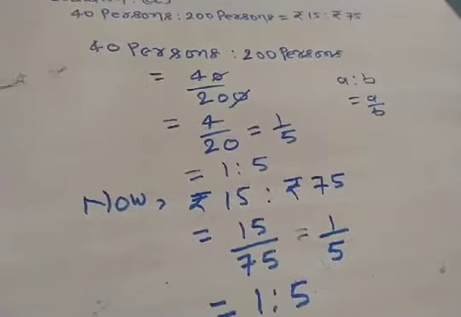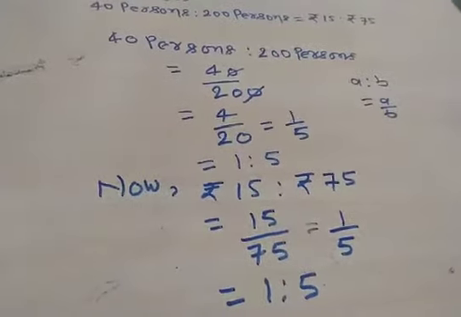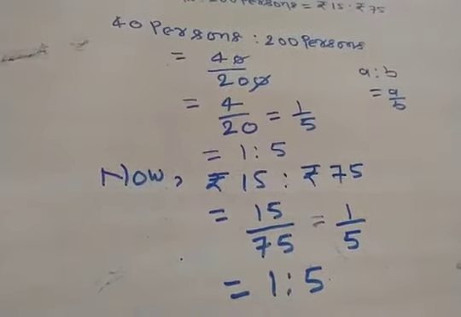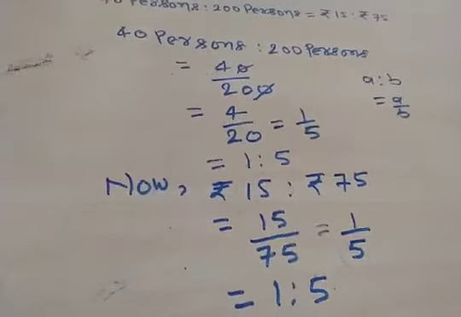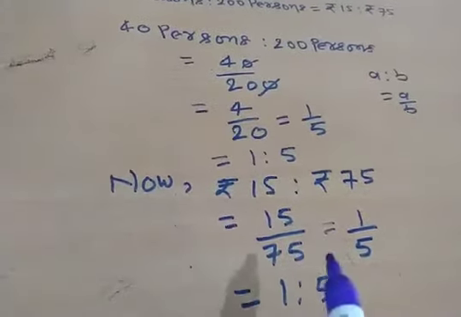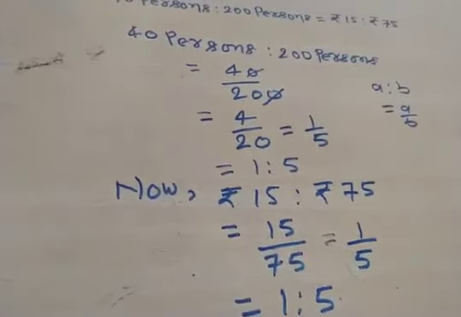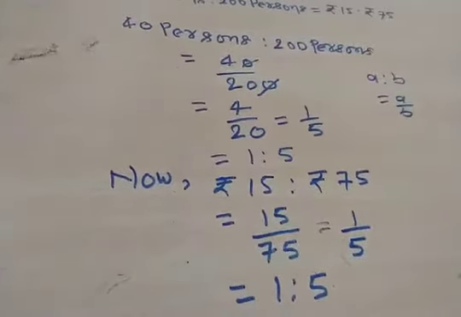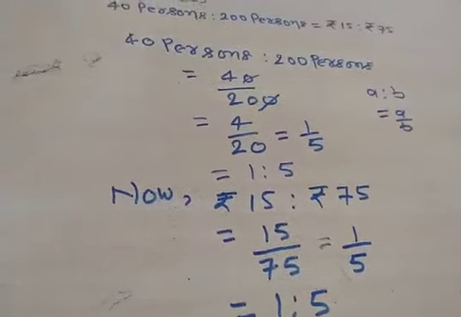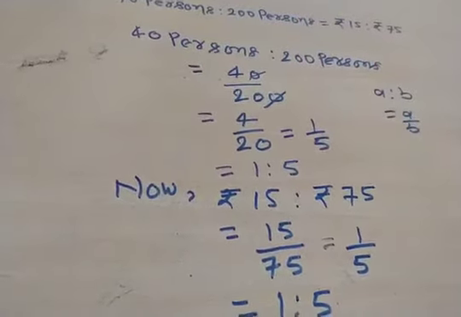From this discussion, what do you think about this? Tell me. Here you can see 40% ratio to 100% is equal to rupees 15 ratio rupees 75. So if the ratios are equal, then they are in proportion, hence the given statement is true.